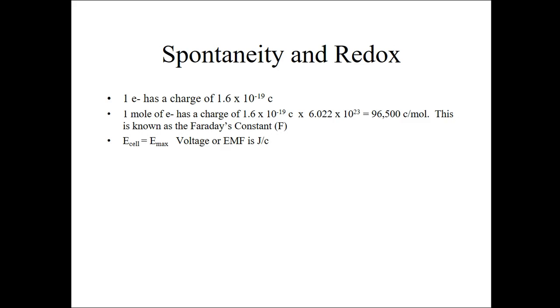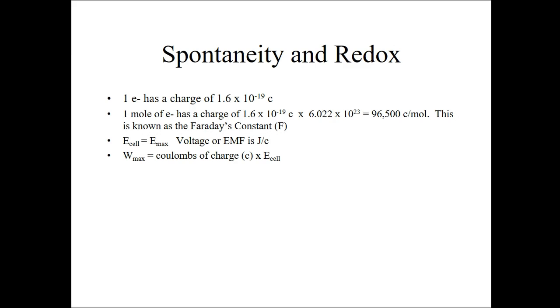The voltage can't be any higher. So it's the maximum number of joules per coulomb or the maximum amount of work that the cell can do per coulomb of charge. That maximum amount of work, or W max, is equal to the number of coulombs of charge, C, times the potential of the cell.